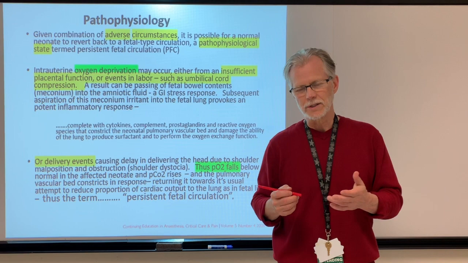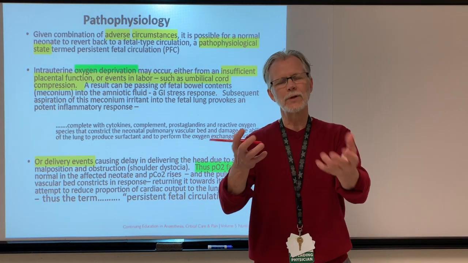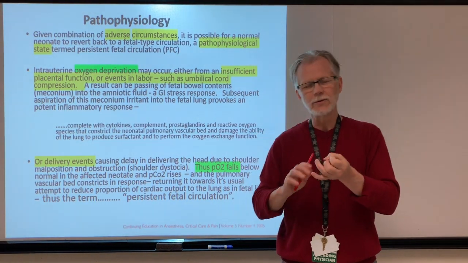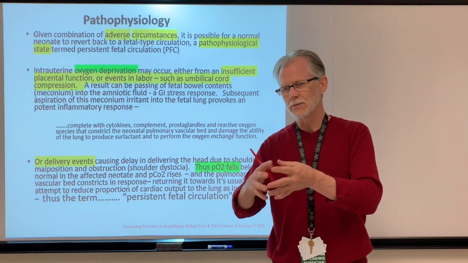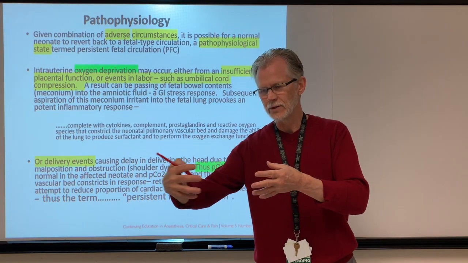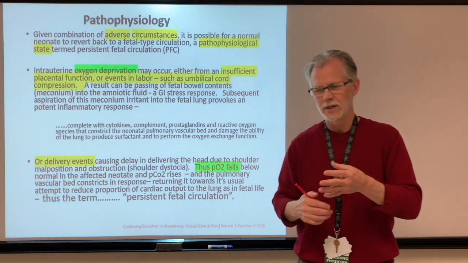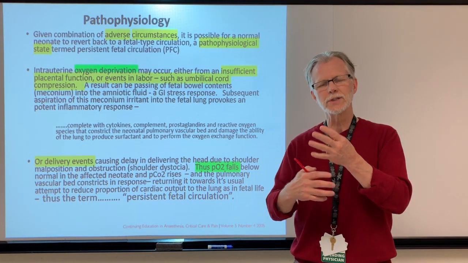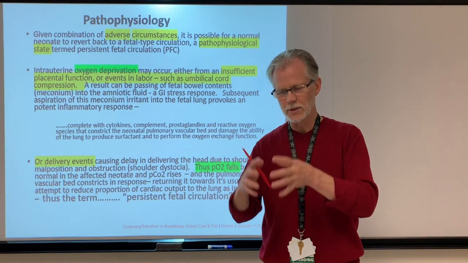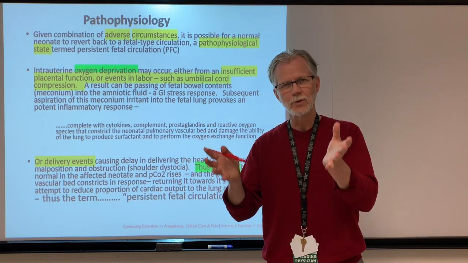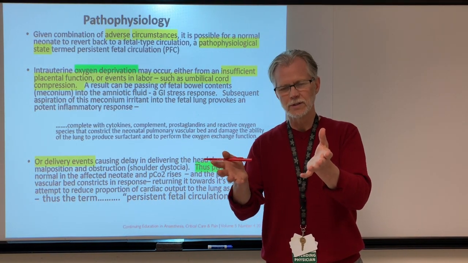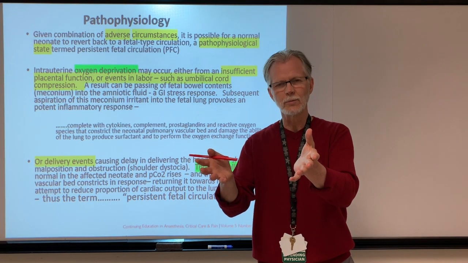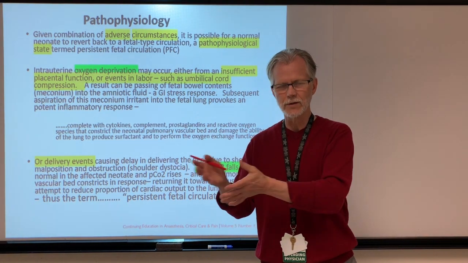There are other circumstances, even at delivery. So there's three things. Either the fetus has uteroplacental insufficiency that results in a low PO2 and the subsequent hypoxia and acidemia and hypercarbia. There can be a circumstance of the meconium, the inflammatory response that can irritate the pulmonary vascular resistance and cause a persistence of that normal fetal vascular resistance in the neonate.